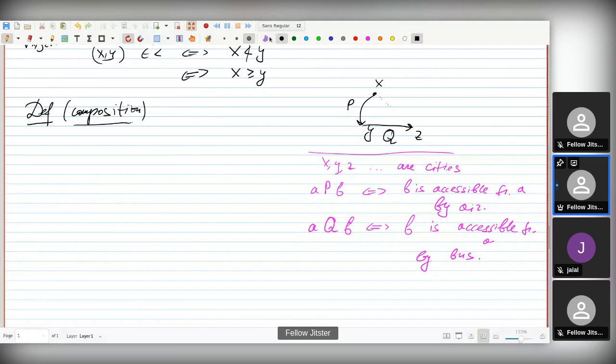But how can we put the following idea? One can travel from A to B first by plane, then by bus.